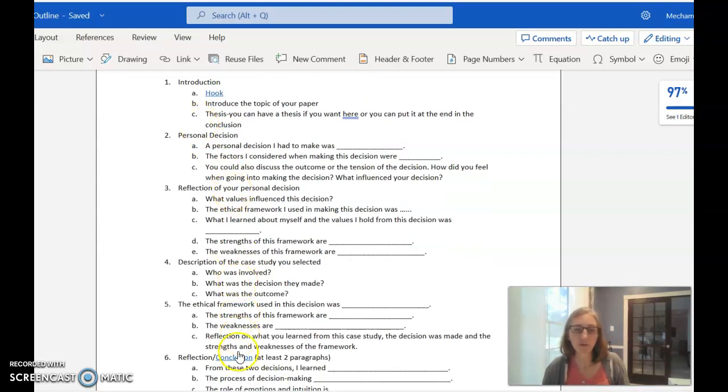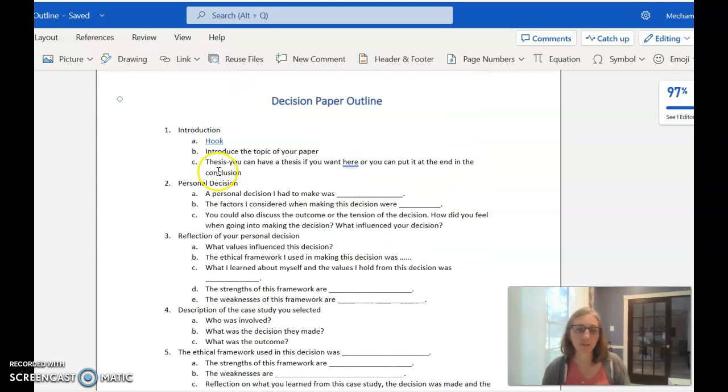And then here I've broken down the assignment sheet into sentences and questions. Right here, you see the first paragraph. You really should start talking about the decision you made before you can talk about your reflection on the decision you made, right? I just have the sentence in here, "A personal decision I had to make was." Now, do you have to have that word for word? Please don't, actually.